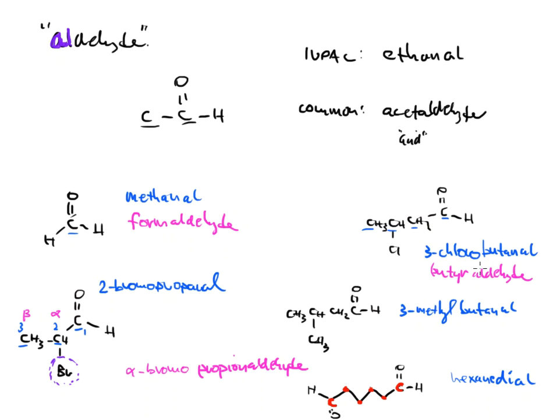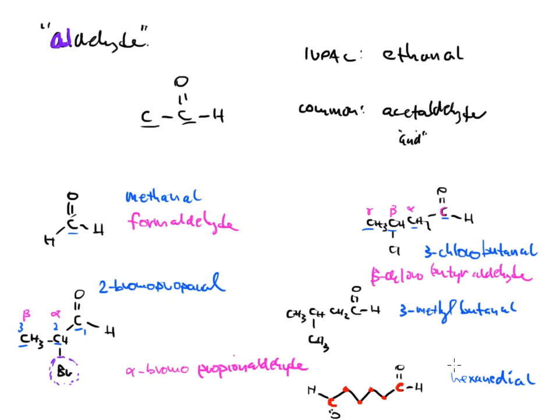And that butyraldehyde, 1, 2, 3. Numbers are only for IUPAC. So this carbon is the aldehyde carbon. That means that this is alpha, this is beta, this is gamma. So this is a beta-chlorobutyraldehyde.